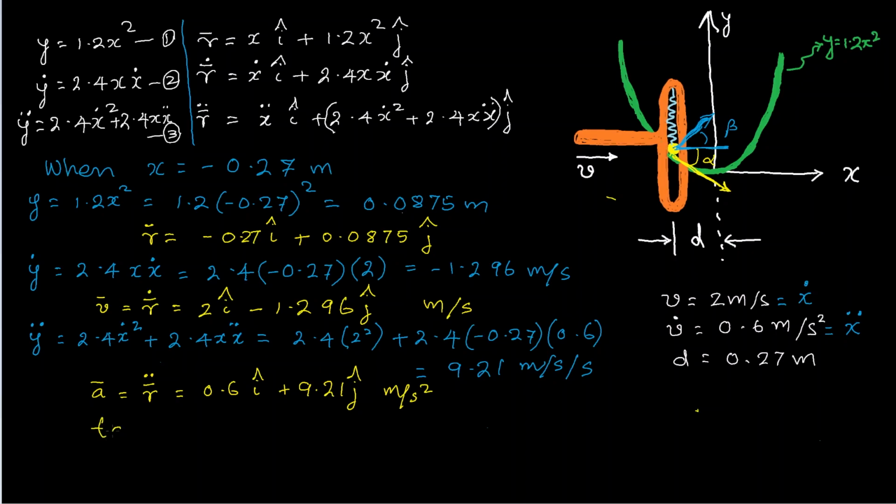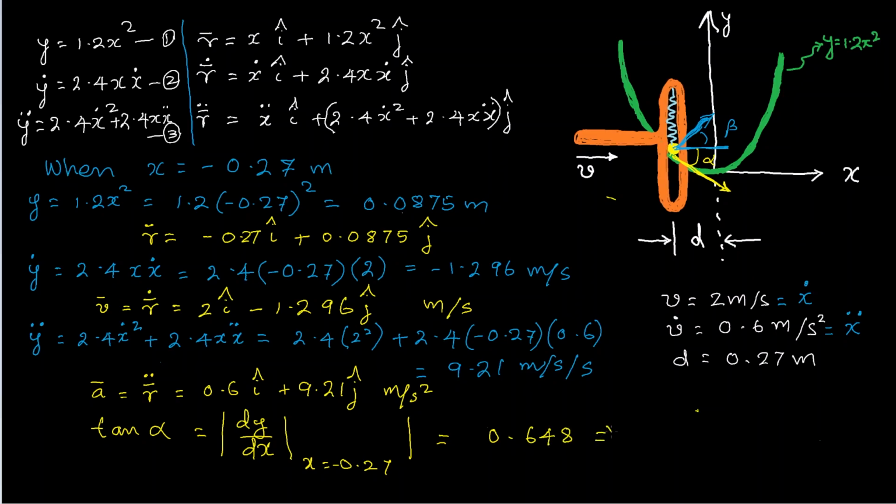Tangent of alpha is nothing but dy over dx at that particular location when x is equal to minus 0.27, and in fact we can get the absolute value of this, which will come out to be 0.648.